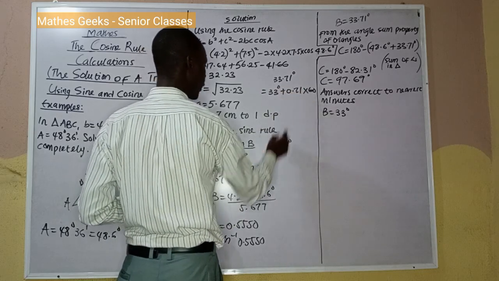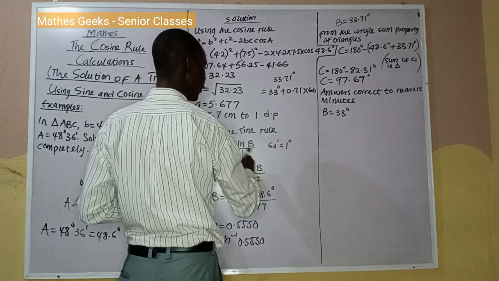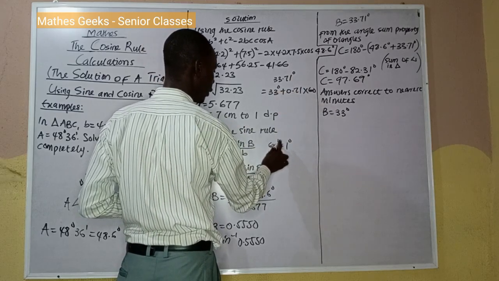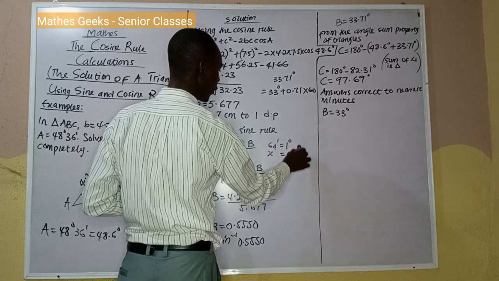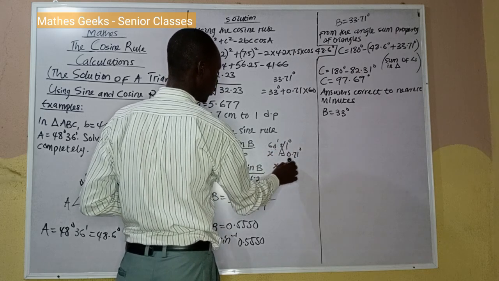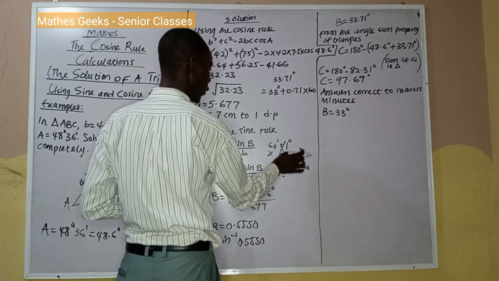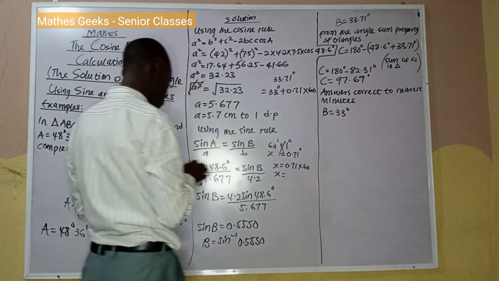And now we want to get the value of 0.71 degrees in minutes. So we say x minutes is equal to 0.71 degrees. When we cross multiply, x is 0.71 times 60, to give us the value in minutes.